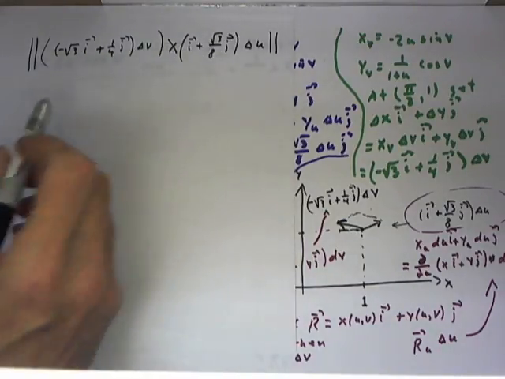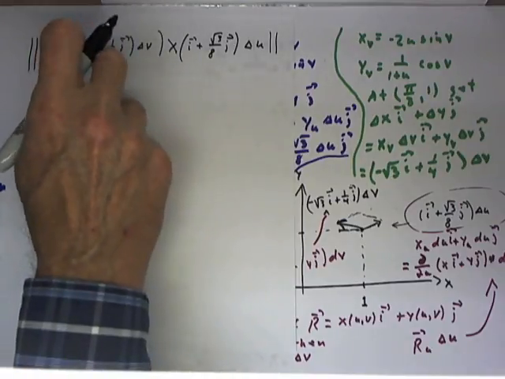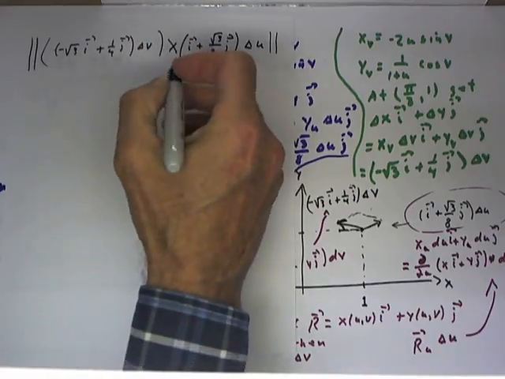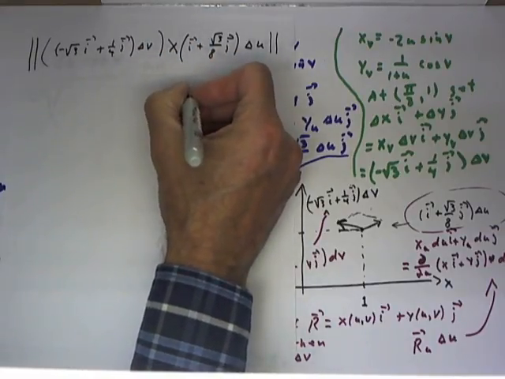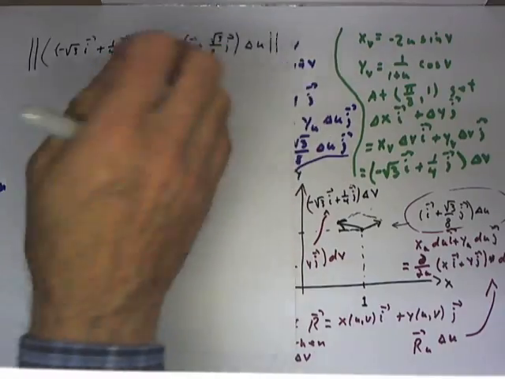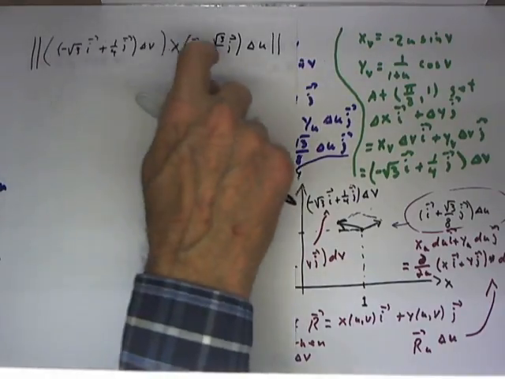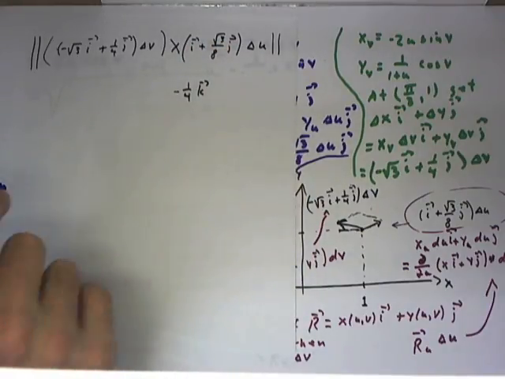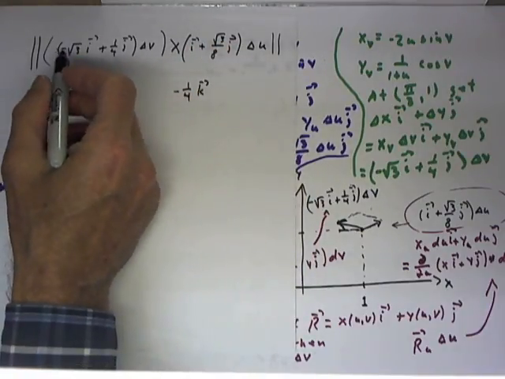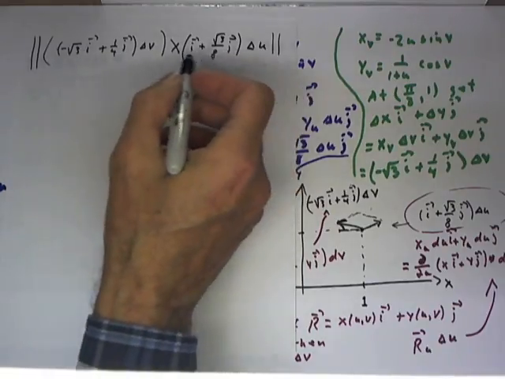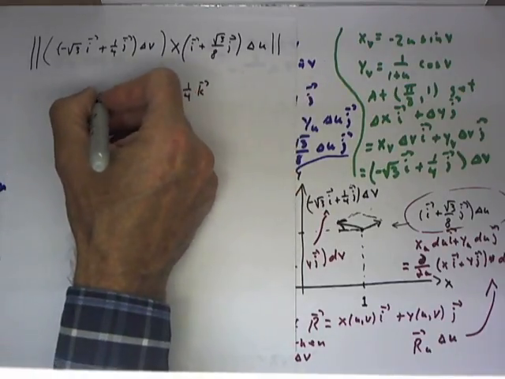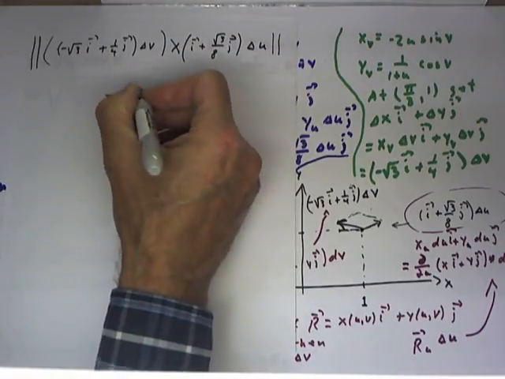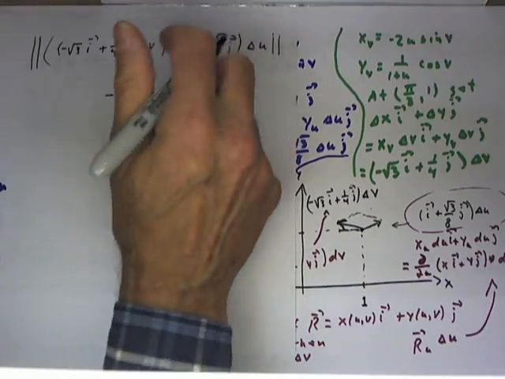Now, j cross i is negative k, so from this term and this term, we're going to get negative 1/4 k. From the i term here and the j term here, i cross j is positive, but we've got a negative here. i cross j is positive k, so we're going to have negative square root of 3 times square root of 3 is 3, so we're going to have negative 3/8 k from this product.